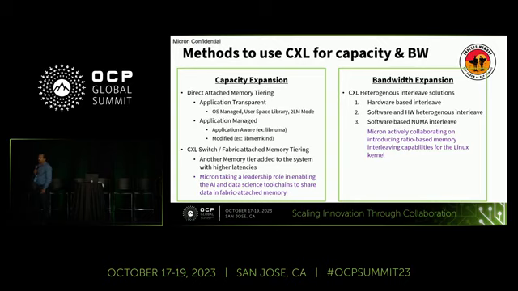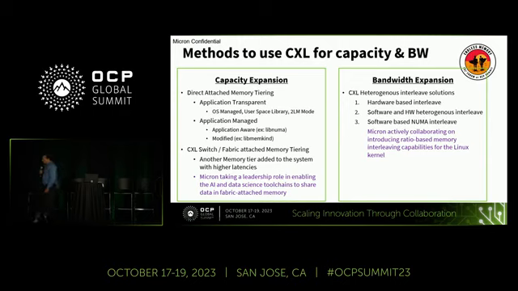It's application transparent memory tiering, all OS managed, and some vendors have SDK capabilities using a user space library. And then Intel has this 2LM mode that was developed for persistent memory. These are some OS, application-transparent ways of expanding capacity, right?